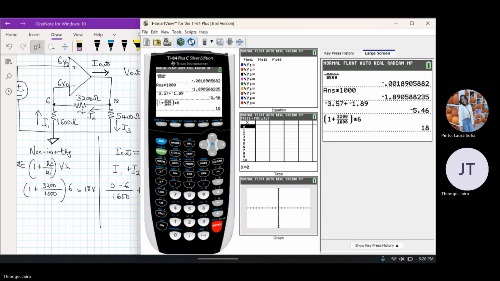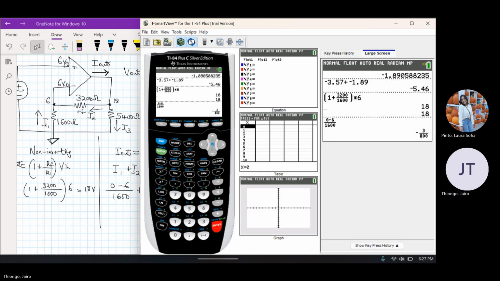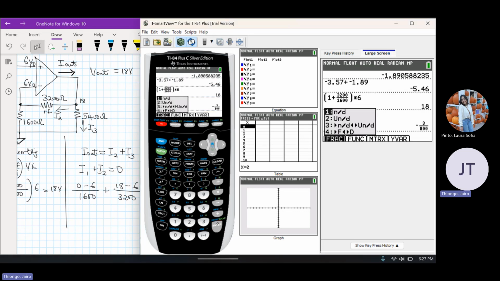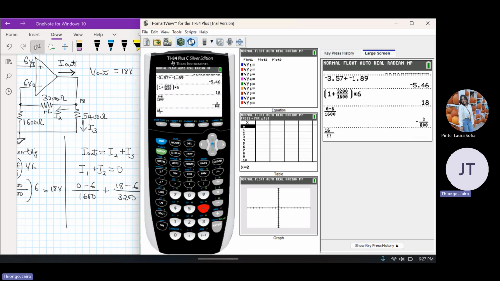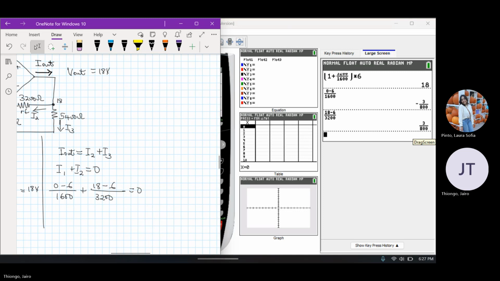Plug the values in. 0 minus 6 over 1600, and you have 18 minus 6 over 3200. So if you add these two, minus 3 over 800 plus 3 over 800, you'll get 0.